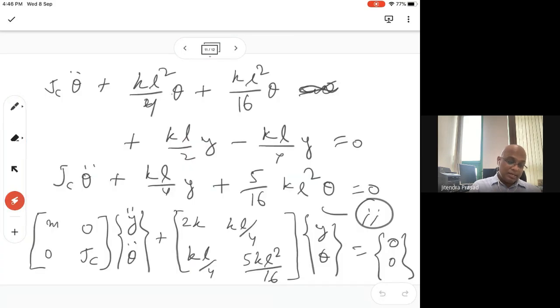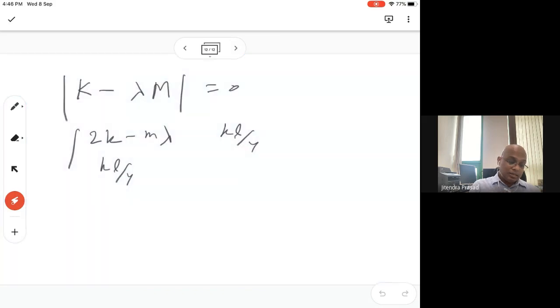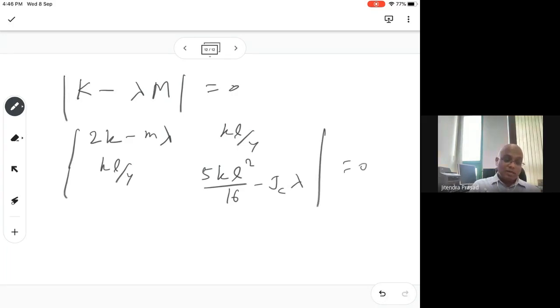And then here you have JC, so we get this minus lambda JC, so 5 KL square over 16 minus JC lambda, determinant equal to 0.